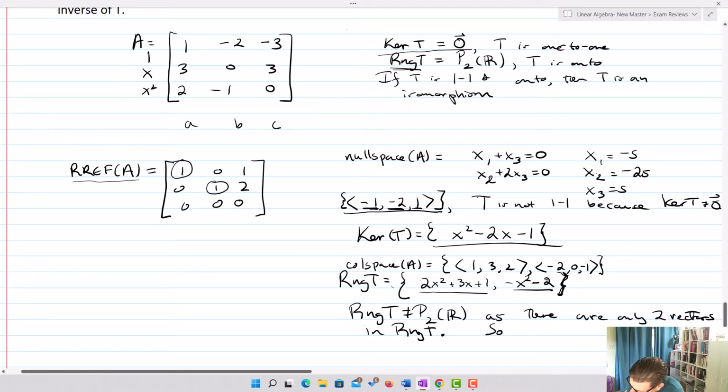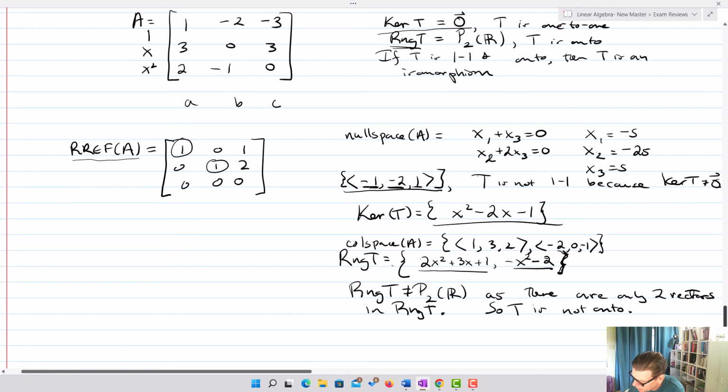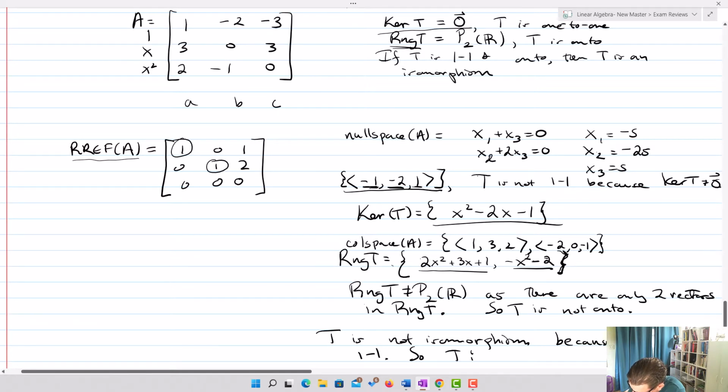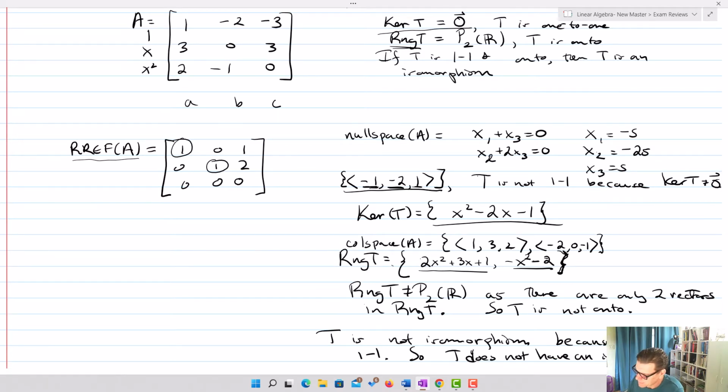So T is not onto. Since T is not onto and T is not 1 to 1, T is not an isomorphism, because T is not onto or 1 to 1. So T does not have an inverse. And there we go.